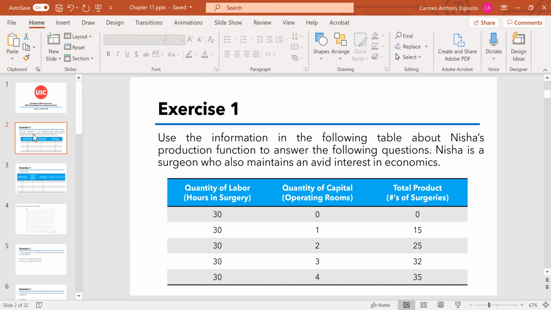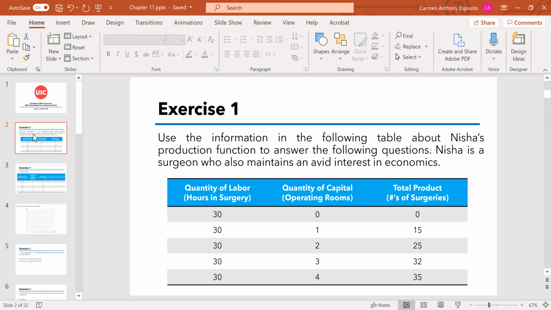Here, how you read the table is the quantity of labor, which is hours in surgery, the quantity of capital, in this case, number of operating rooms, and it'll give you how many surgeries you're able to produce.